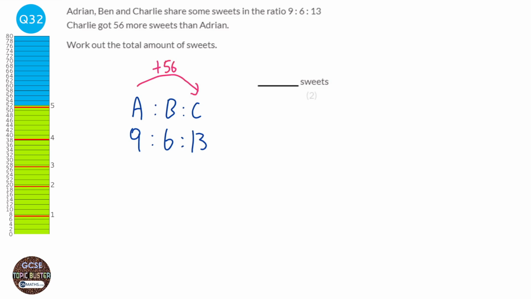Looking at the actual parts of the ratio, there are 4 more parts, so plus 4 parts, which represent plus 56 sweets. So the 4 extra parts are worth 56 sweets.